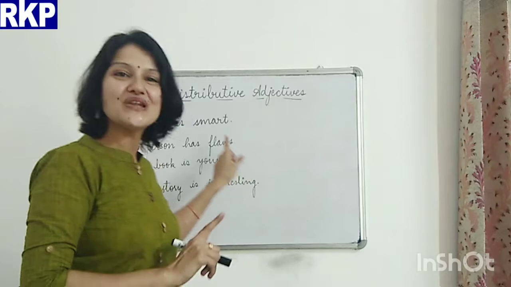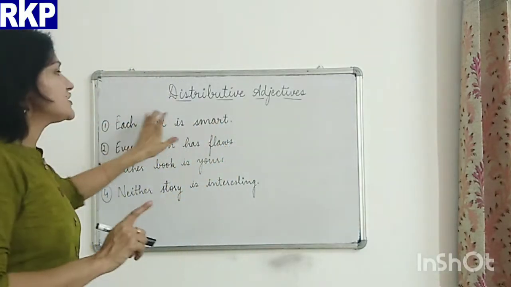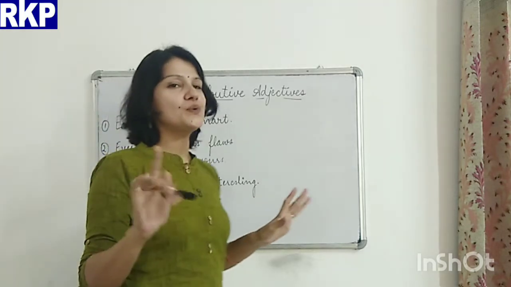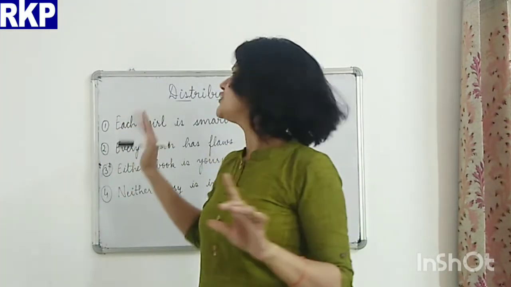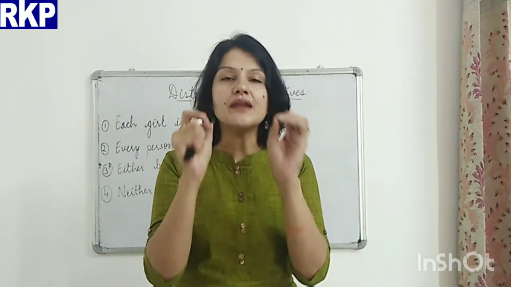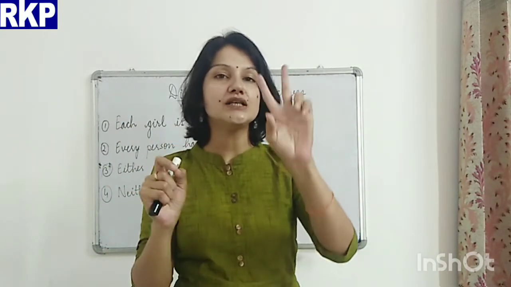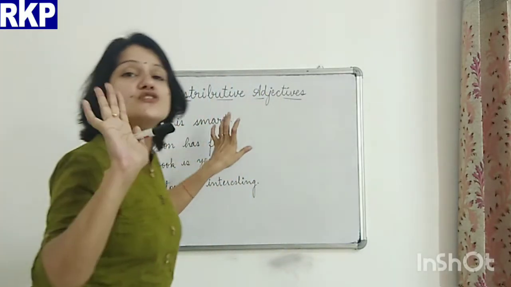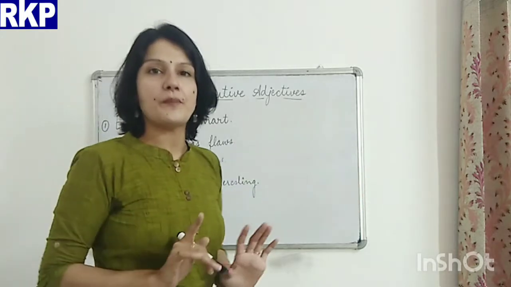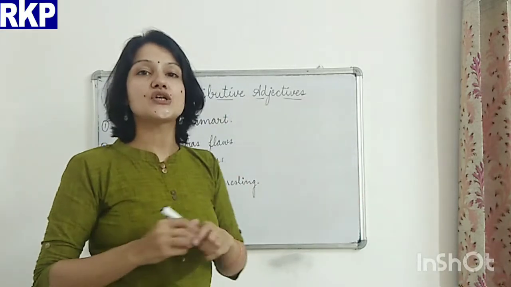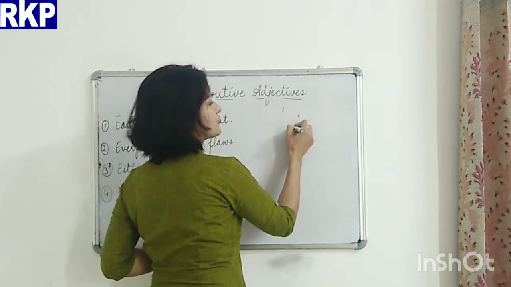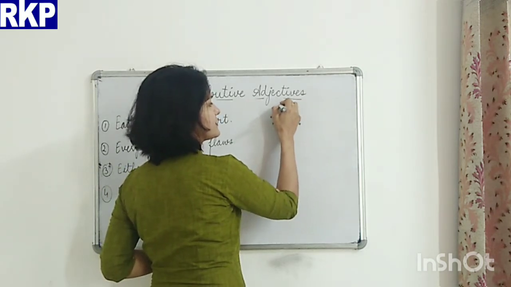So let's have a look on the board. Each girl is smart. Now, I have already told you that whenever we use distributive adjectives, there has to be a number which is more than 2. Okay? Now, each girl is smart. Now, suppose there is a group in which there are 10 girls, right? 1, 2, 3, 4, 5, 6, 7, 8, 9, 10.